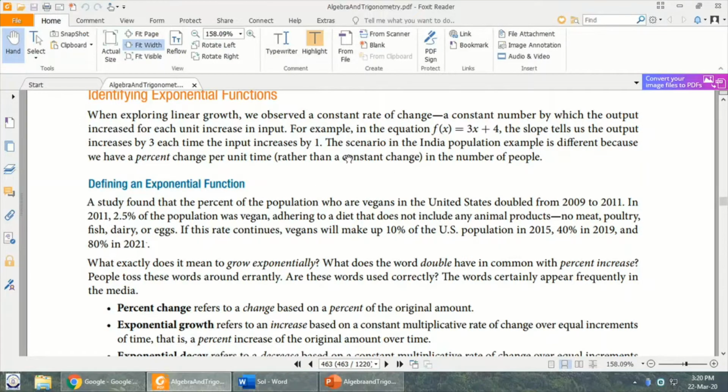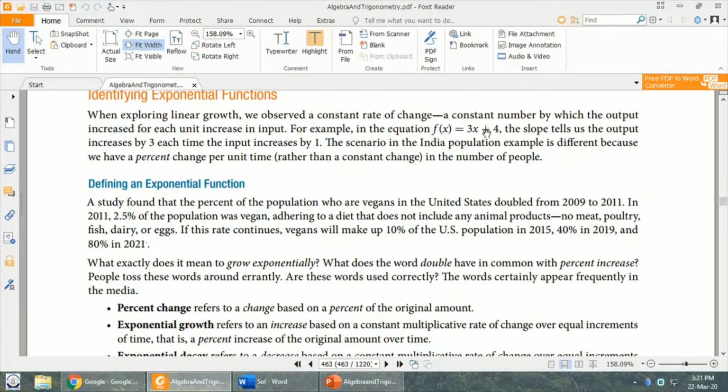So now you see that this is a function which is 3x plus 4. In the exam you can see that this is a slope and this is the intercept, so they are constants. This is a variable, but this variable is in the base. For an exponential function you cannot have anything in the base, it has to be raised to the power. So the slope tells you that the output increases by 3 each time. What does this mean?